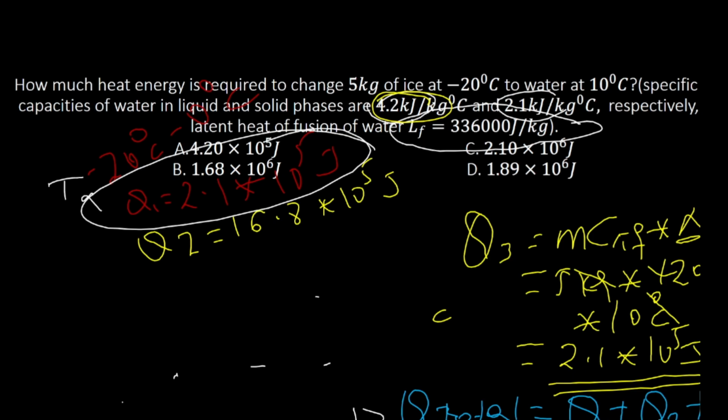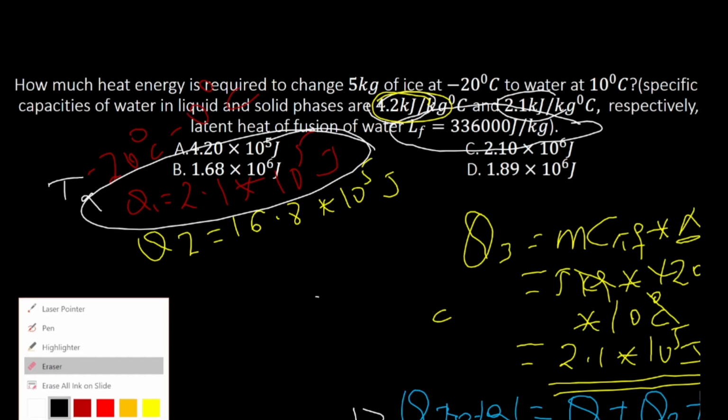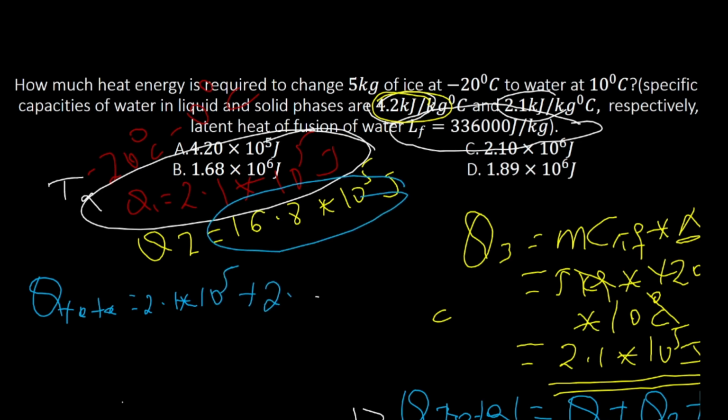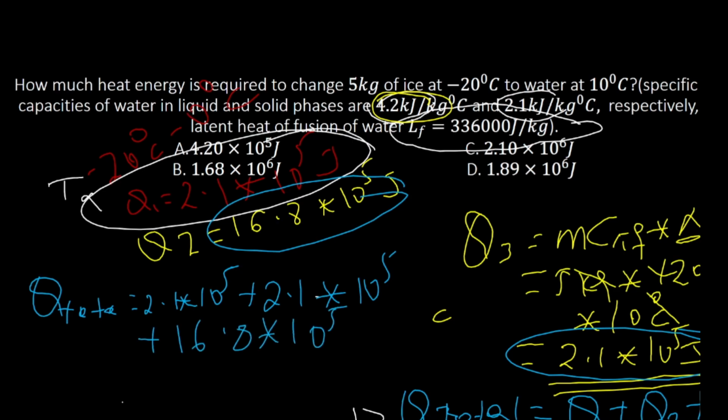So the sum will be the total thermal energy required to change the temperature of this object from negative 20 degrees centigrade to 10 degrees centigrade, finally the water. So Q total is 2.1 times 10 to the power of 5 for Q1, plus 2.1 times 10 to the power of 5 for Q3, plus 16.8 times 10 to the power of 5 joule.